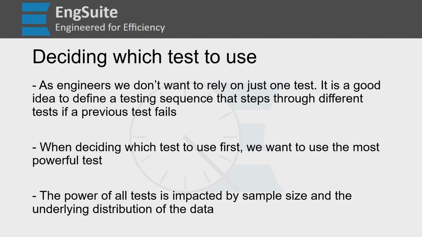So as engineers, we don't want to rely on one test. I want to throw that out here right now because it's really a good idea to define a testing sequence that steps through different tests if previous tests fail. You don't just have to use one if one passes. Let's say maybe you always do a double Shapiro-Wilk and Lilliefors. That to me is probably your greatest option.